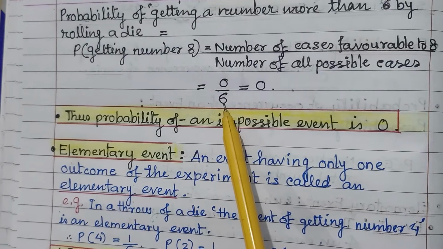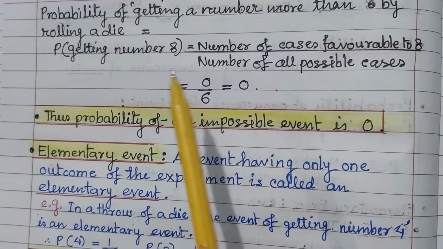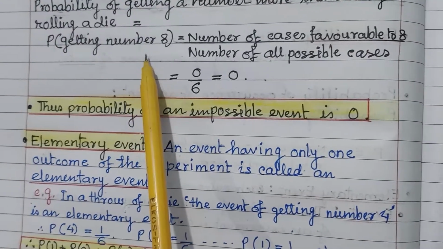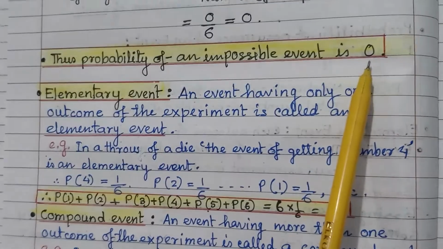So the probability is 0. Thus the probability of an impossible event is 0.